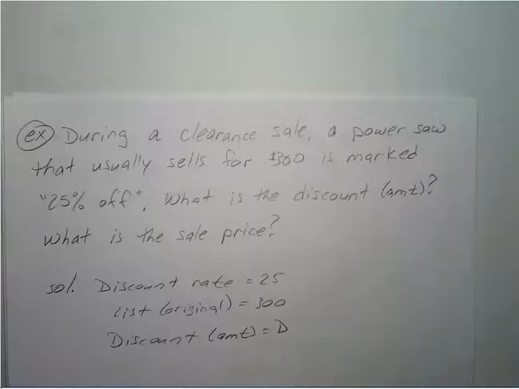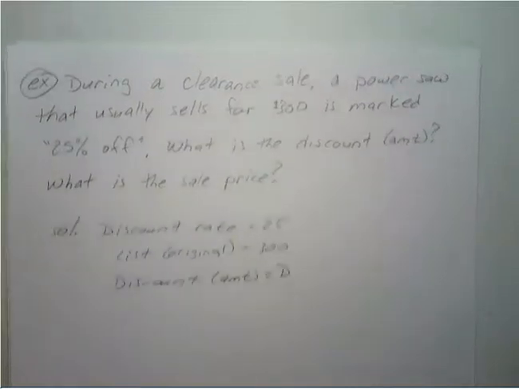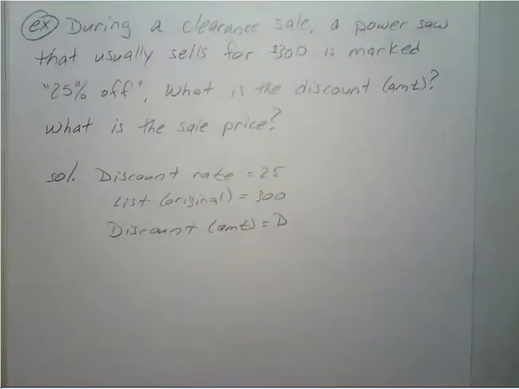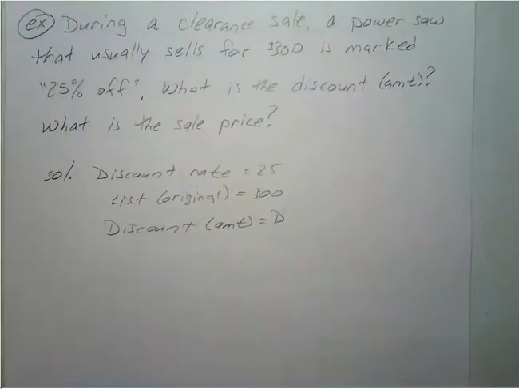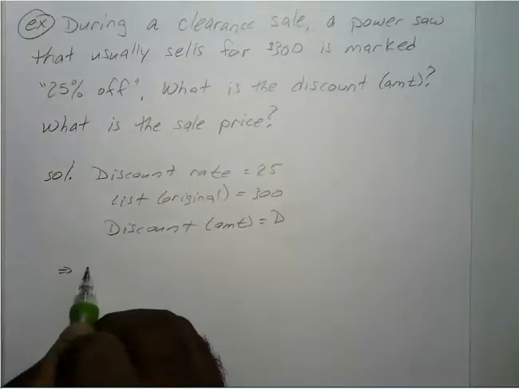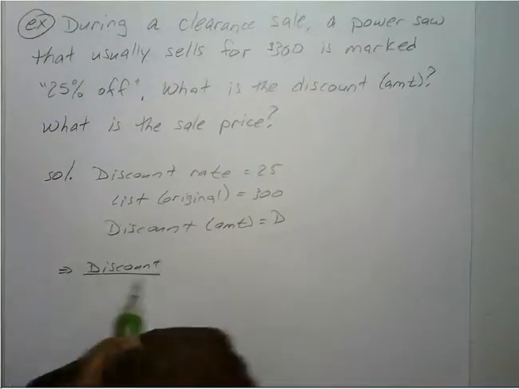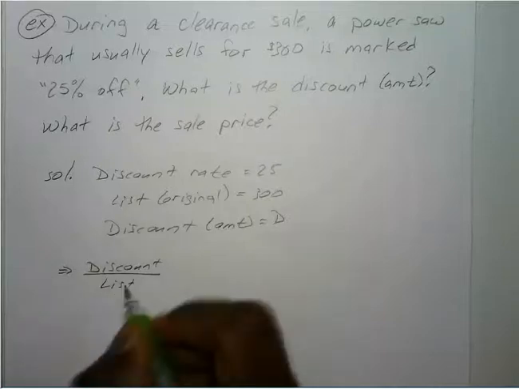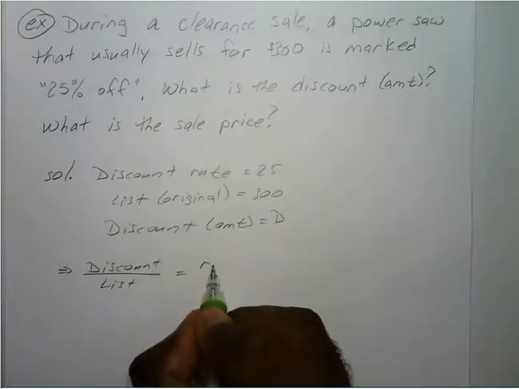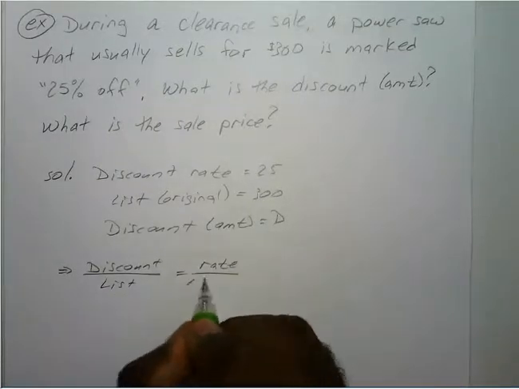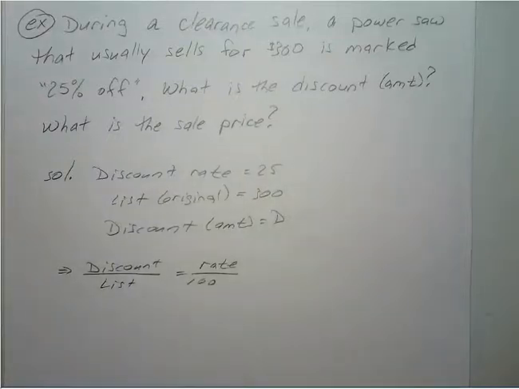Either way, our discount is unknown, so we give it the variable D. We have the information to use the formula for the discount over the list price, which is equal to the discount rate over 100.